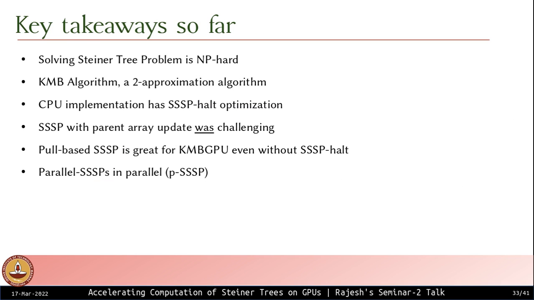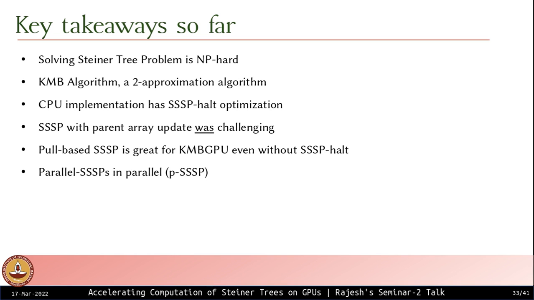So the key takeaway so far is that solving the Steiner tree problem is NP hard, and we have the KMB algorithm, which is a two approximation algorithm. That is what we have implemented on both CPU and GPU, and the CPU implementation greatly benefited from the SSSP halt optimization.